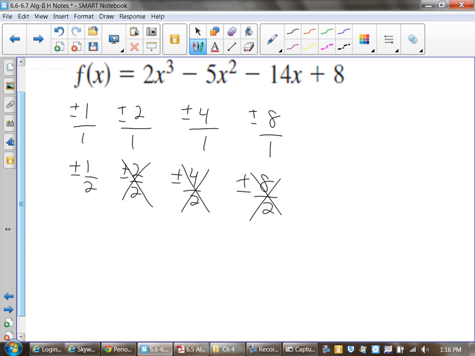Okay? I'm just confused on why it's 1 and 2 instead of just 2. What's 2 divided by 2? 1. We wrote factors of the leading term coefficient.